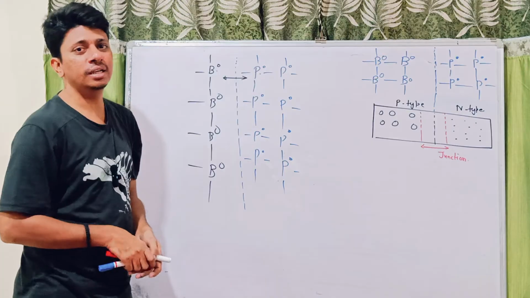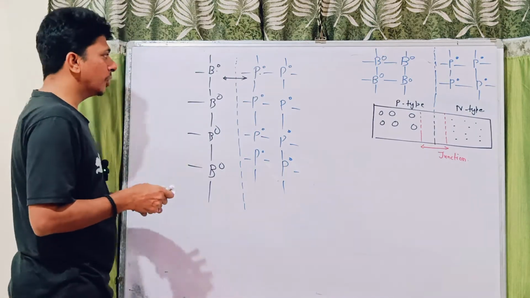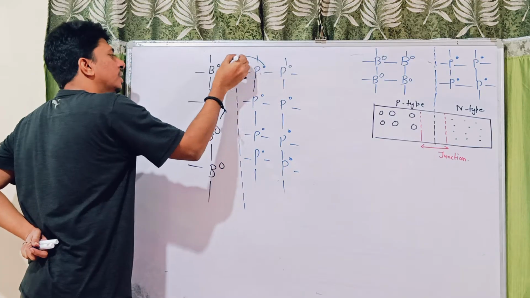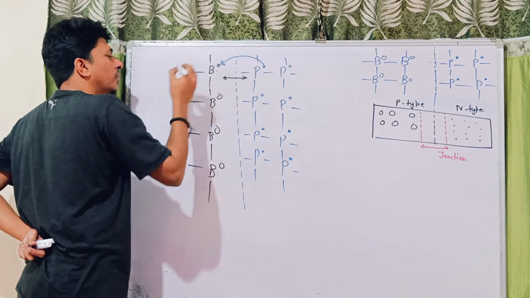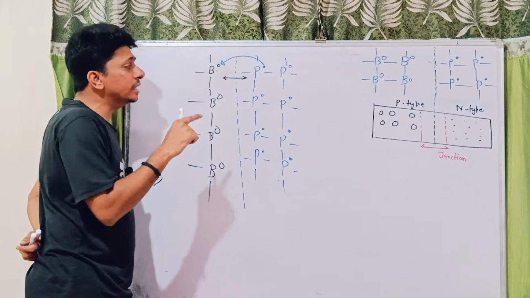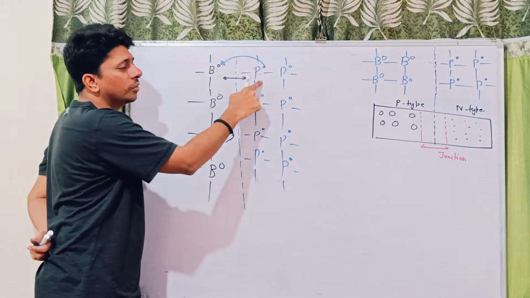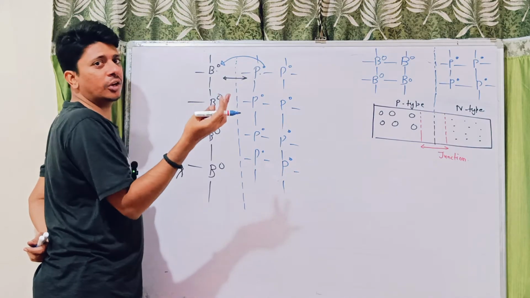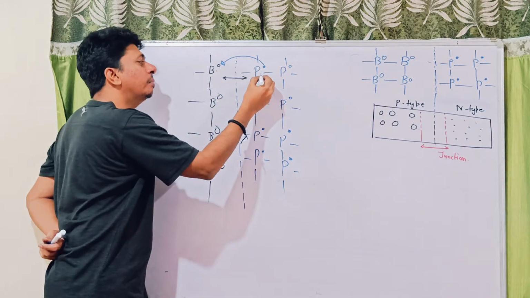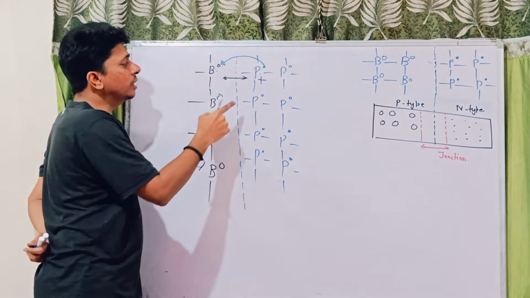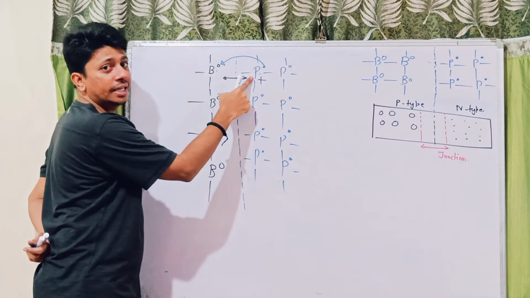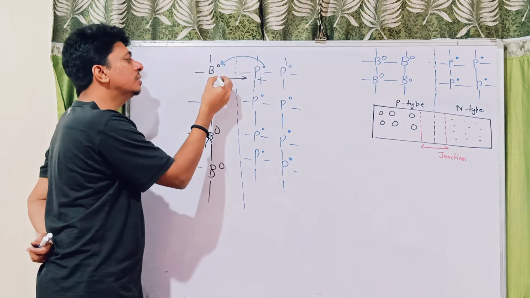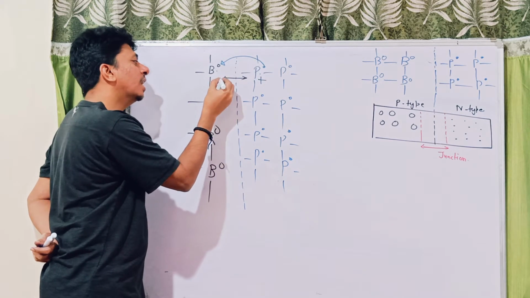Because of this deal, this extra electron will be given to the boron. While making this deal, this phosphorus atom is giving its electron, and giving an electron will create a positive sign, so this will become a positive ion, and this is taking an extra electron, so this will become a negative ion.